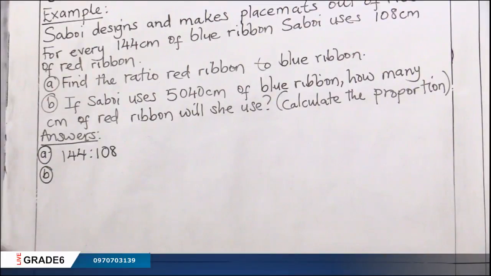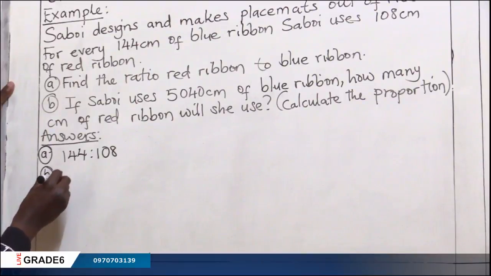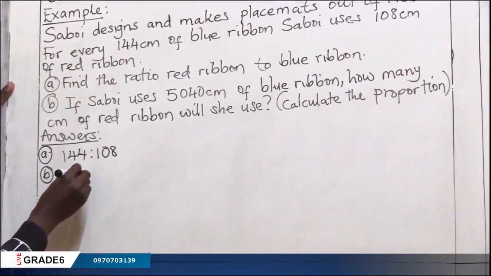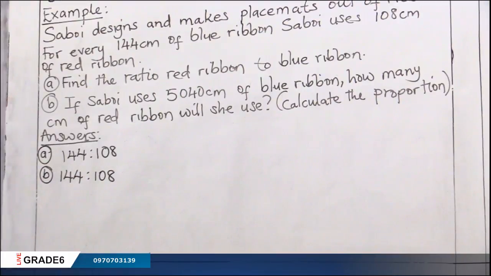Okay, so boys and girls, question B says if Savoy uses 5,040 centimeters of blue ribbon, how many centimeters of red ribbon will she use? You must understand that the ratio for blue ribbon to red ribbon is 144 to 108.